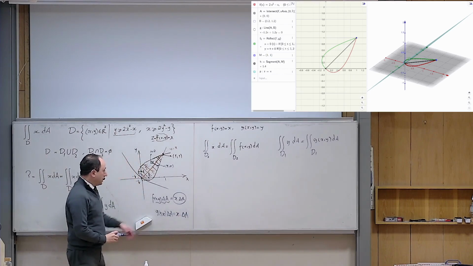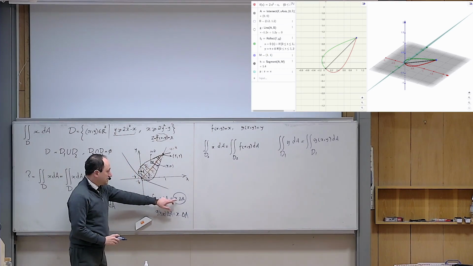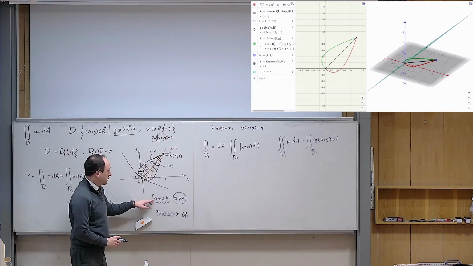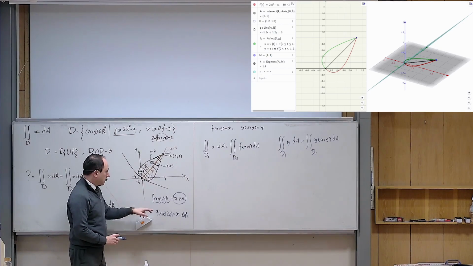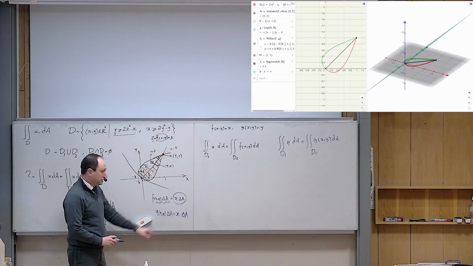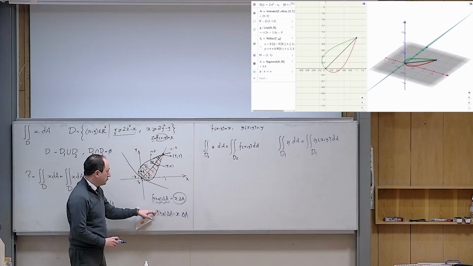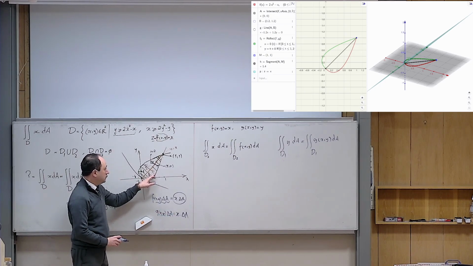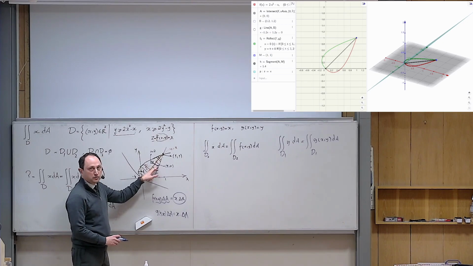So if I ask you what is this, you will tell me this is the contribution of the function f on region D2 at this point. If I ask you what is this one, you see that is exactly the same number, but that is the contribution of g function in the region D1 when I reach this point.